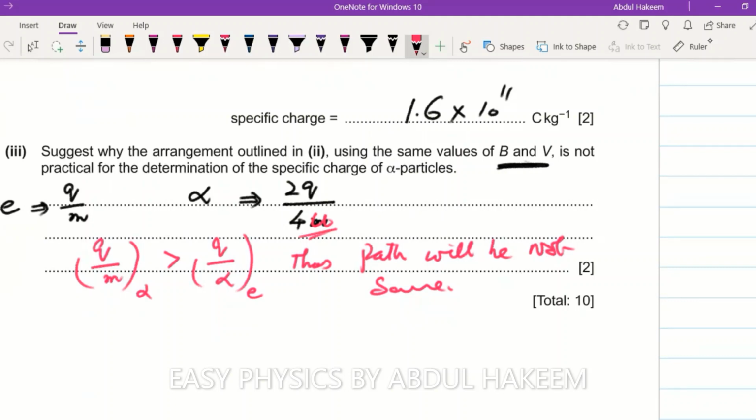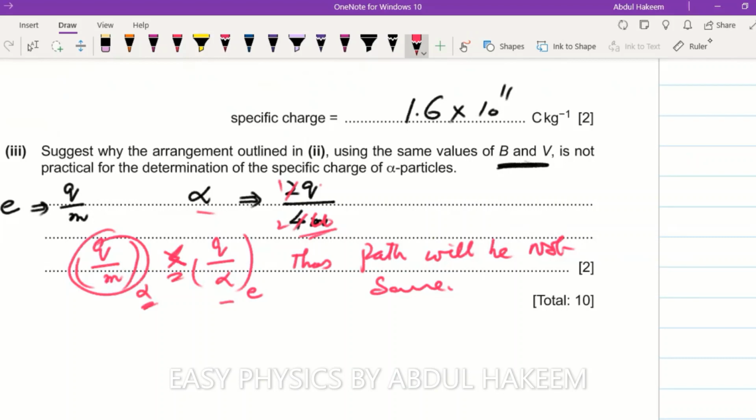The alpha is 2q, so the ratio changes. Look at this charge to mass ratio. Instead of writing greater or smaller, we write that the charge to mass ratio of the alpha is different, due to different charge and different mass than the electron.